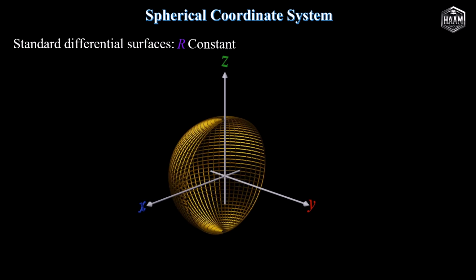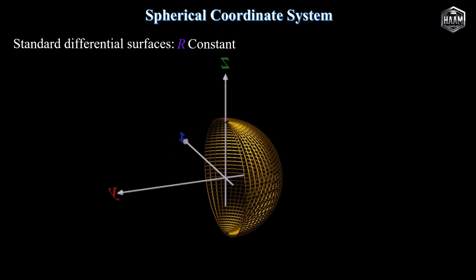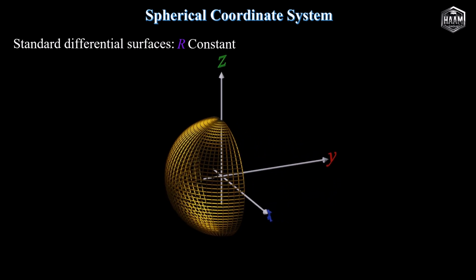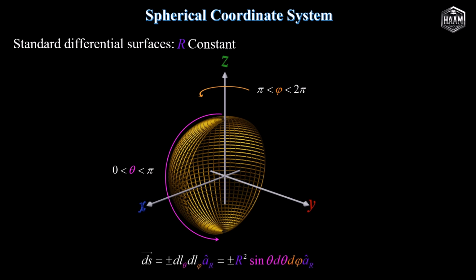In this case, we obtain what is called the western hemispherical shell. Here, theta ranged from 0 to pi, while phi ranged from pi to 2 times pi. Its differential surface element remains the same constant capital R surface element.